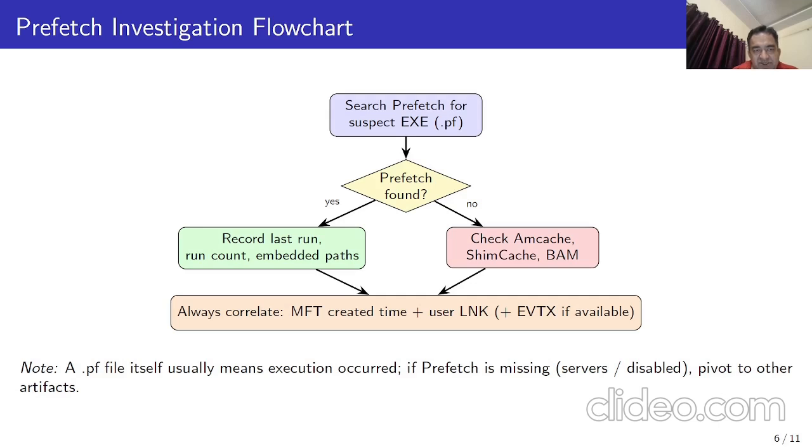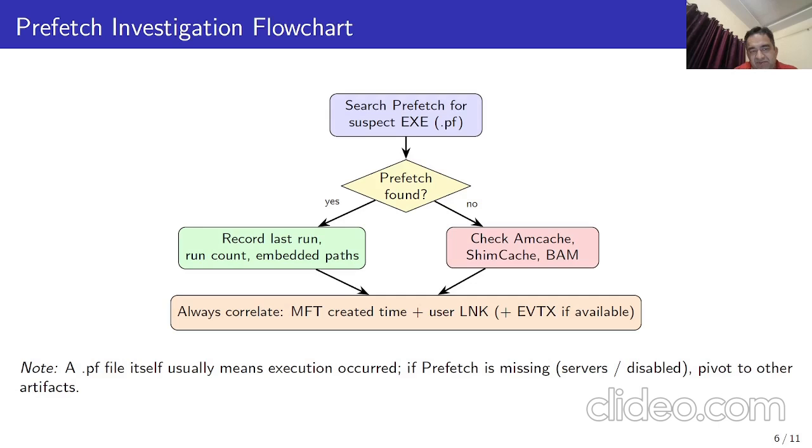If prefetch is not found, then we have to use other tools like Amcache, ShimCache and BAM. Both paths finish by correlating with MFT created time. So use LNK files and event logs if available. This removes the confusion of run count greater than 0. A prefetch file almost always implies execution.